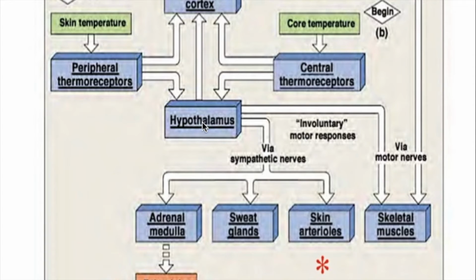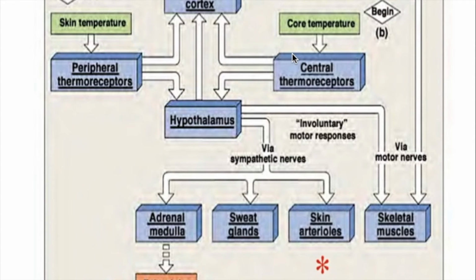This hypothalamus ultimately receives signals from both the peripheral and the central receptors. The peripheral thermoceptors are responsible for detecting any change in the skin temperature or the atmospheric ambient temperature, while the central thermoceptors analyze the core body temperature.